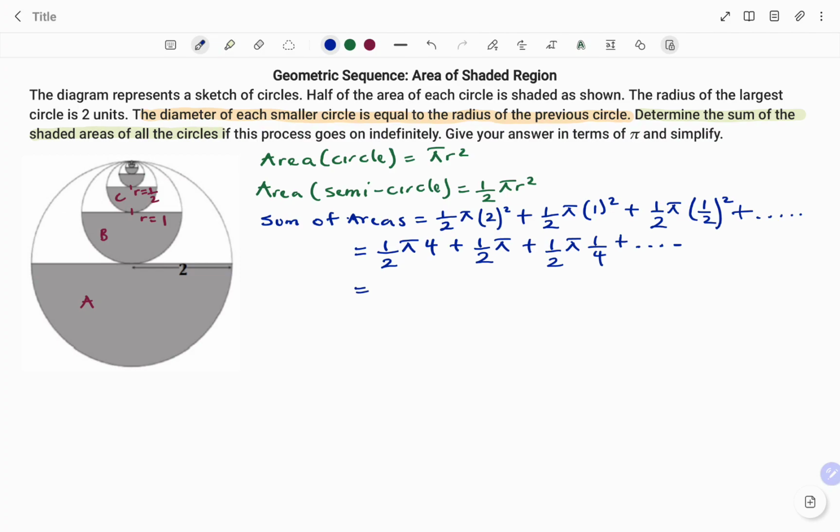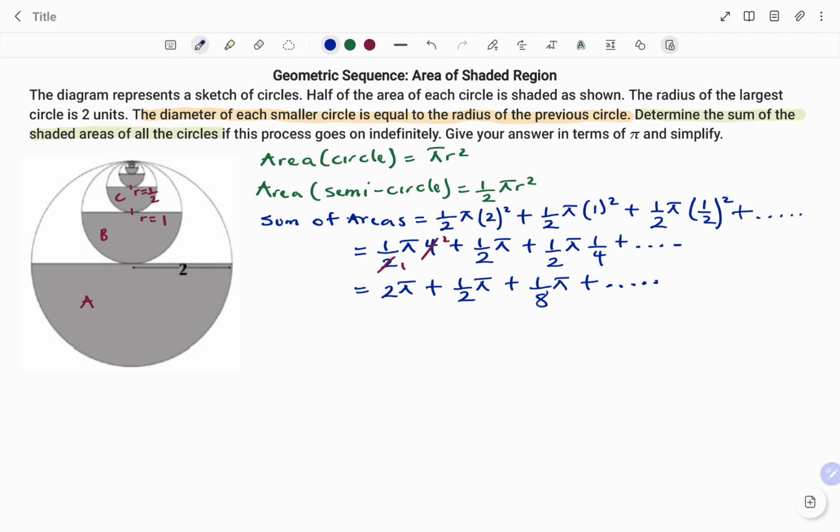Simplifying, I have 2 pi plus half pi plus 1 over 8 pi plus that goes on indefinitely until you get to the last circle.